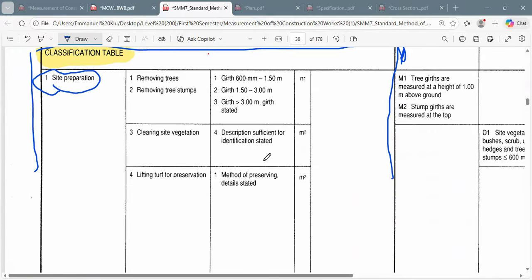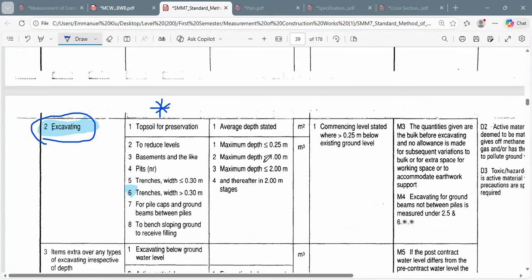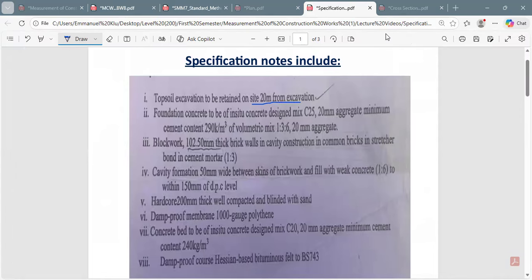So on page 29, now we are doing proper excavation. Okay, so excavation trench width, excavation trench width greater than. Let's go to the specification. Foundation concrete. Okay, let's come and see our cross section.